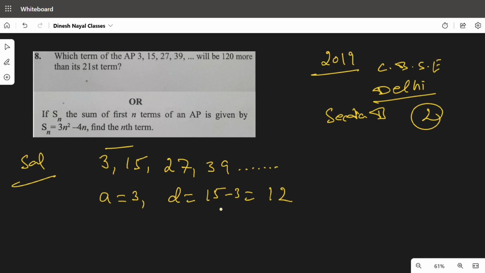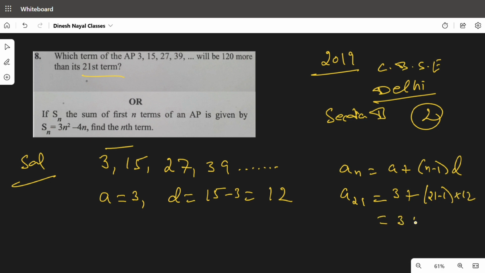Now let's find the 21st term. Applying the general formula, an is a plus n minus 1 into d. So a21 will be 3 plus, n is 21, 21 minus 1, and d is 12, into 12.